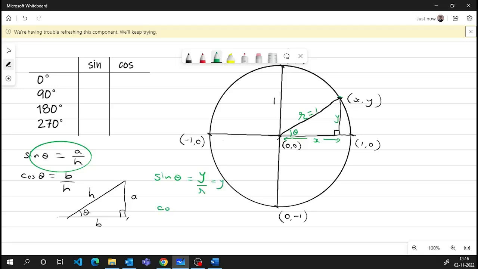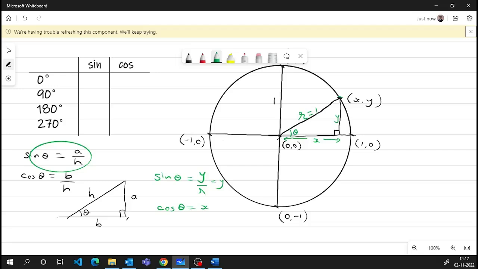And similarly, cos theta is nothing but the adjacent side x divided by r, that is 1. So cos theta is x. So in short, sine theta is always y and cos theta is always x when we talk about a unit circle. Okay.